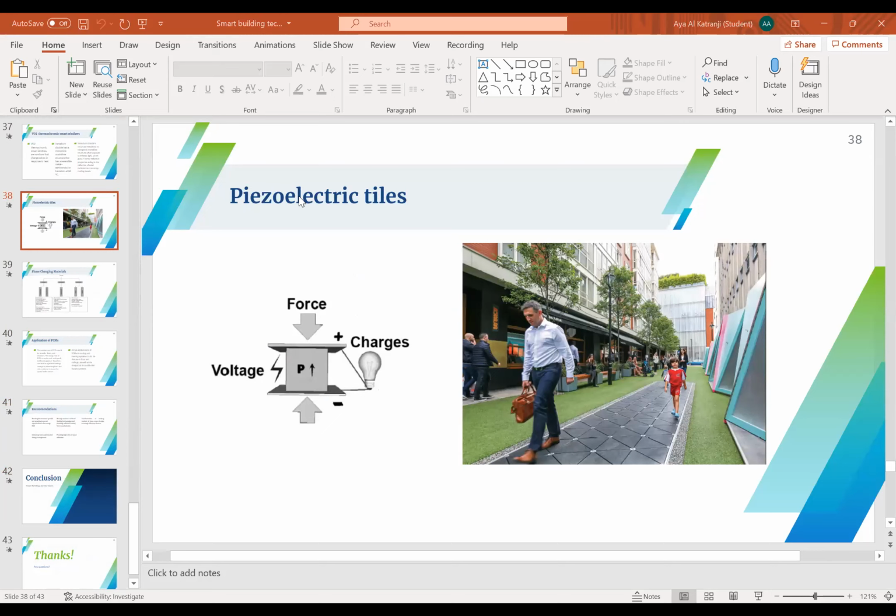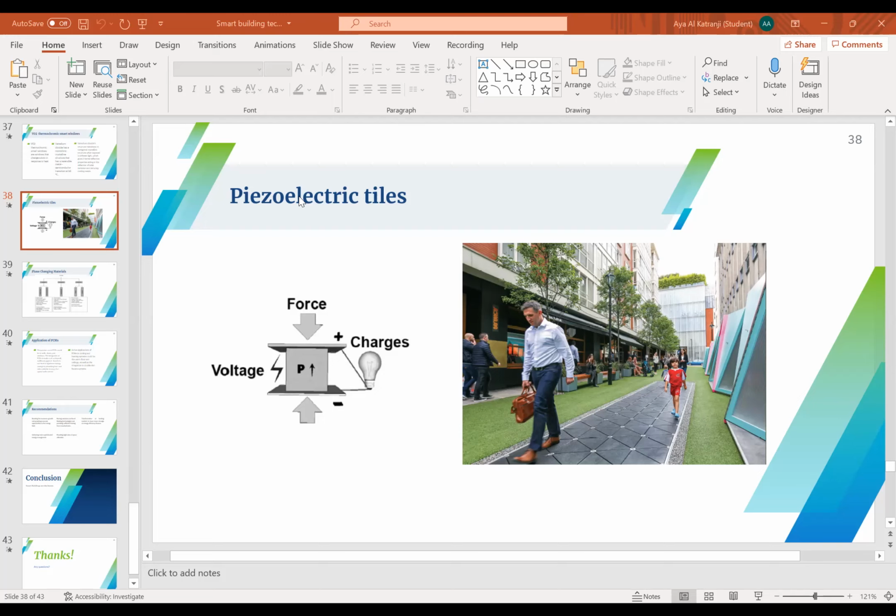These piezoelectric tiles are tiles that people walk on. They are used mostly in crowded places like malls or streets like Taksim Street. When someone crosses over, putting his foot down, it creates a force. We have two plates, a positive and a negative plate, and the piezoelectric material in the middle. When the force is applied, electric charges are created, generating voltage.